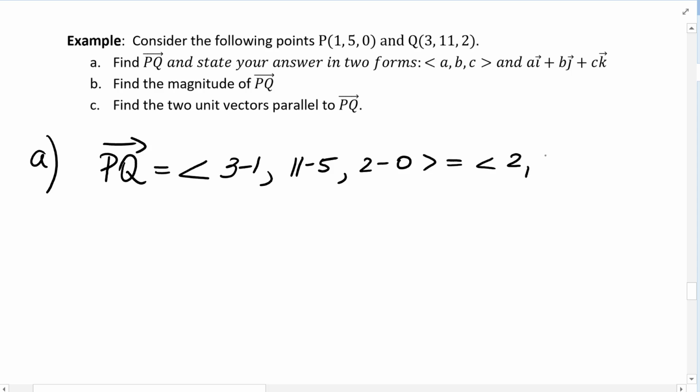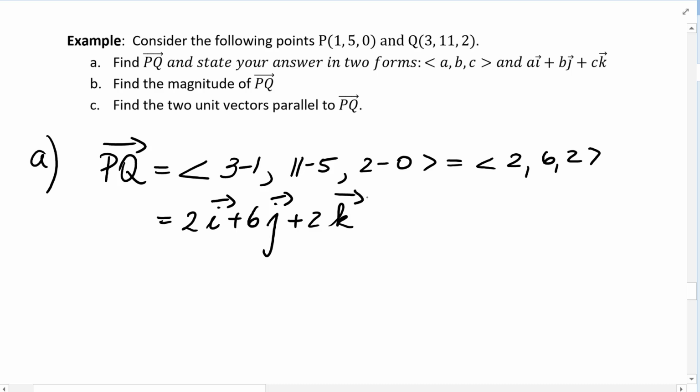So it's 2, 6, 2. And the second format, 2i plus 6j plus 2k. So remember, it's very important to write these arrows to emphasize that you are using vectors.